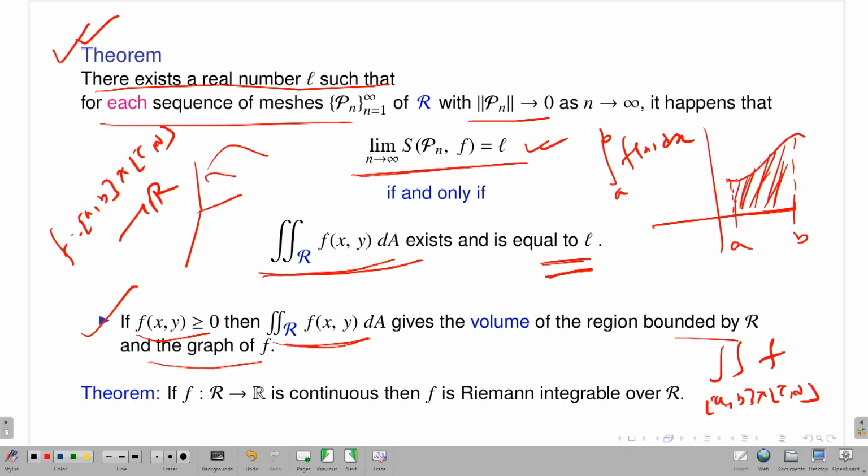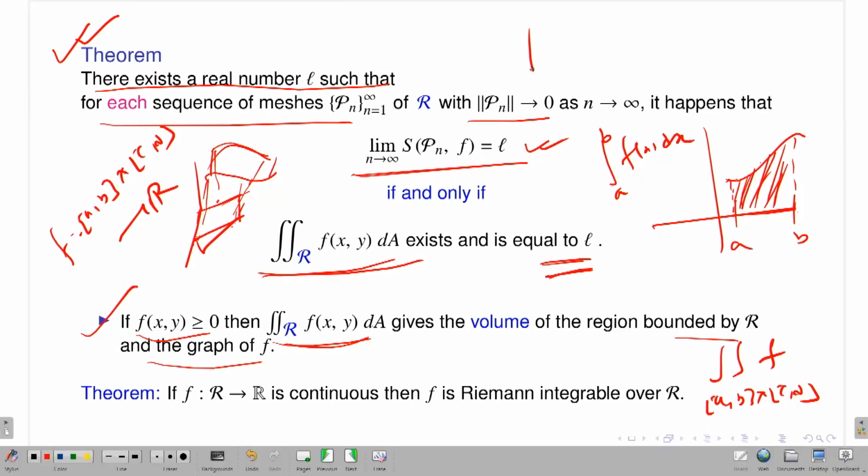It will give you some kind of surface. I am very bad at pictures, but you will have a surface, and in the xy plane you have a bounded square region. So you have a square region and you have a surface, and this is nothing but the volume.